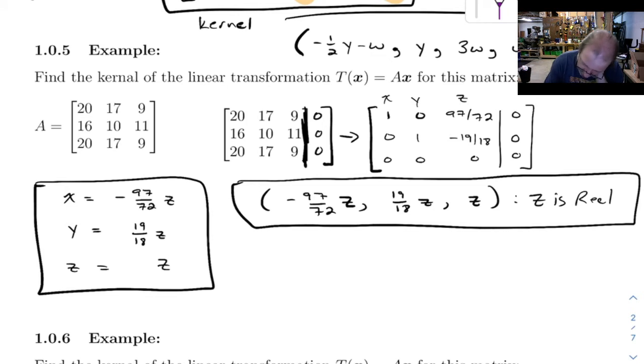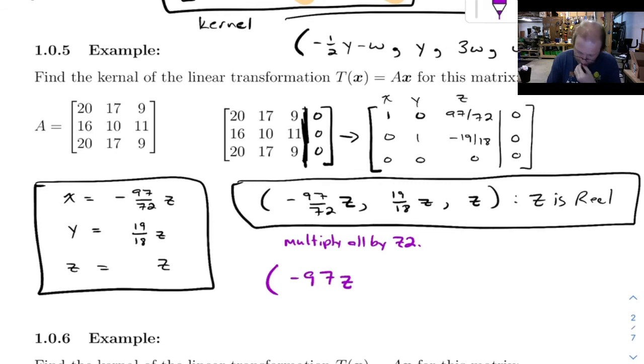Let's multiply all these by 72. So if we do that, we're going to get minus 97 z. Let's see, 19 over 18 times 72 is 76. And then this is 72z.